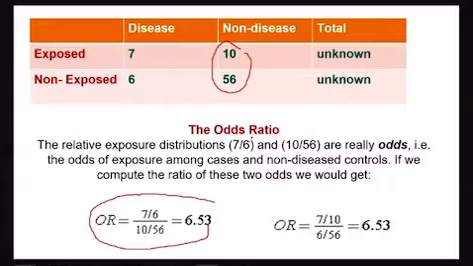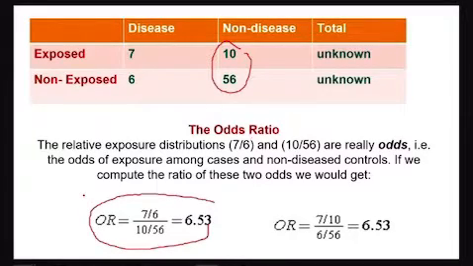What do we mean by odds? Odds is the ratio of the probability of the outcome of interest to the probability of the outcome not happening. So when I say odds, I mean the ratio of the probability of success to the probability of failure.